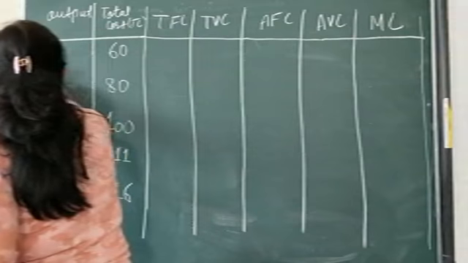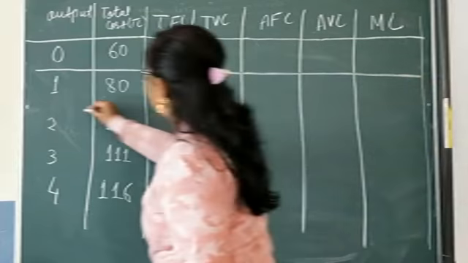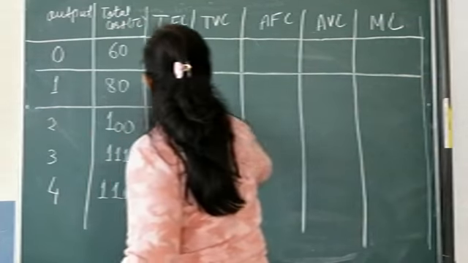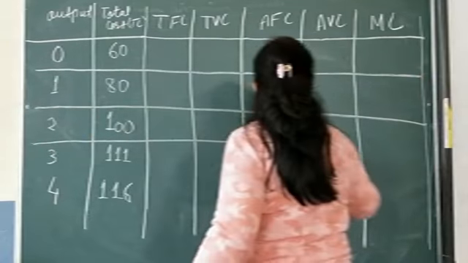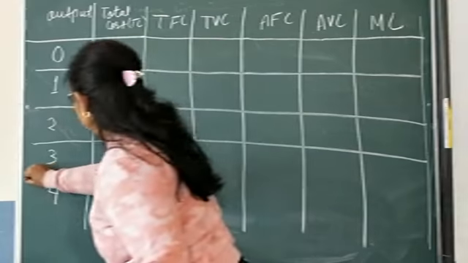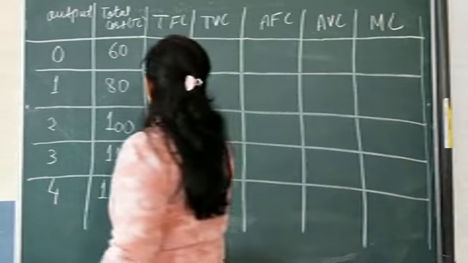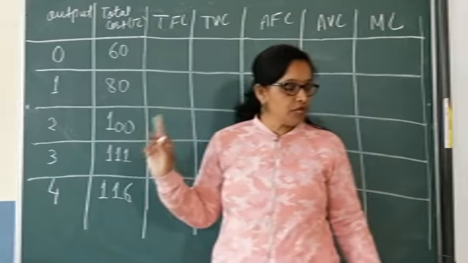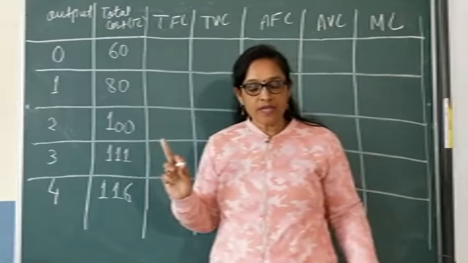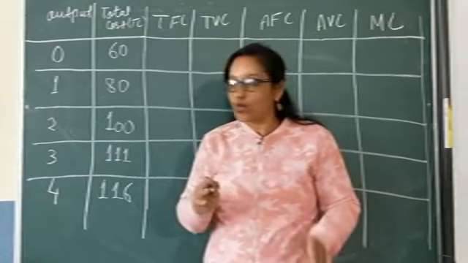So we'll make a table. TC is given, and we know that TC and TFC are equal at 0 level of output.